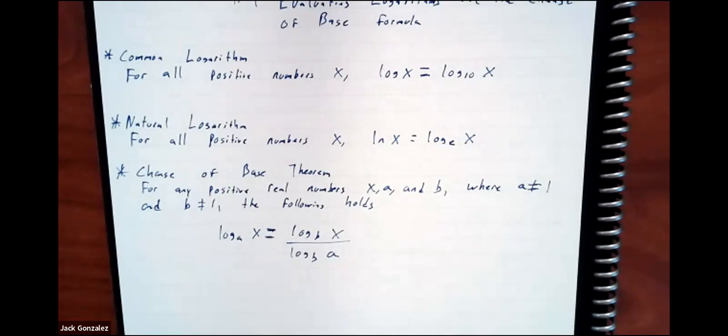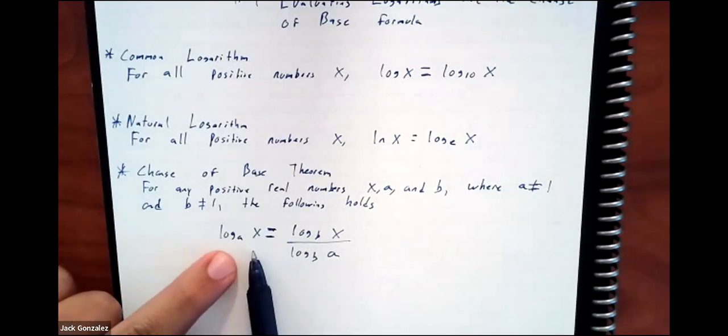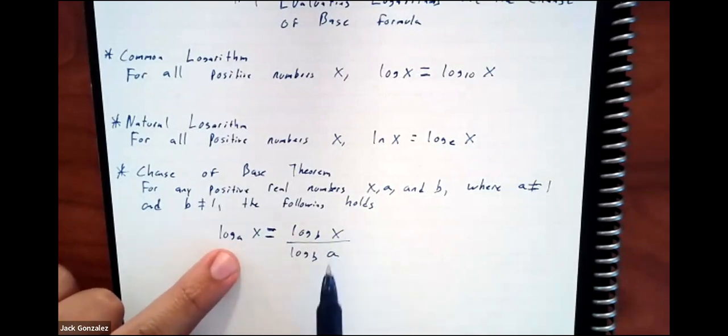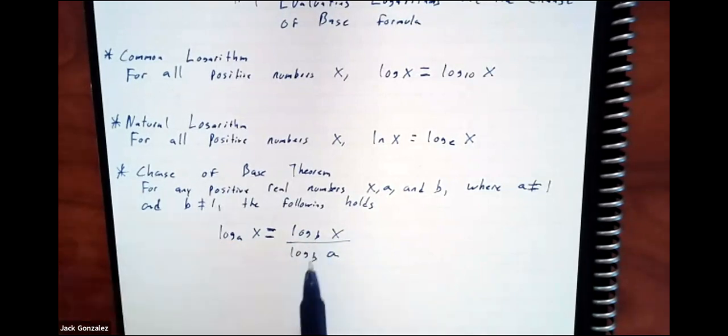You're already given a and b, so you put the x and a right there and choose whatever log you want. You can make it base 10 or base e, base 5, whatever. I recommend using the ones on your calculator, like e or 10.